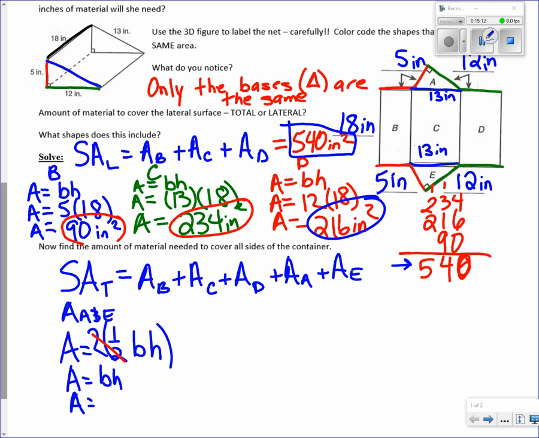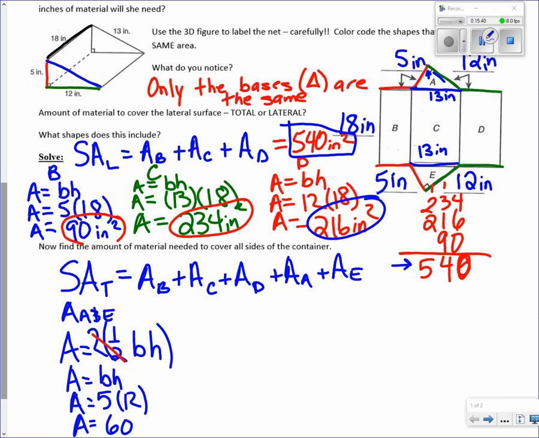And our base is 5, and our height is 12. So remember, when you do base and height, it's always where the right angle is, the little square. It's those two legs that connect those. Okay, so we know 5 times 12 is 60.